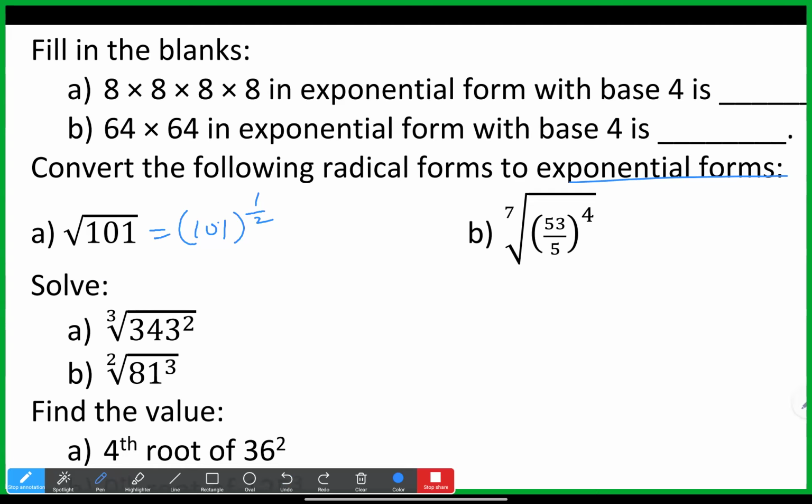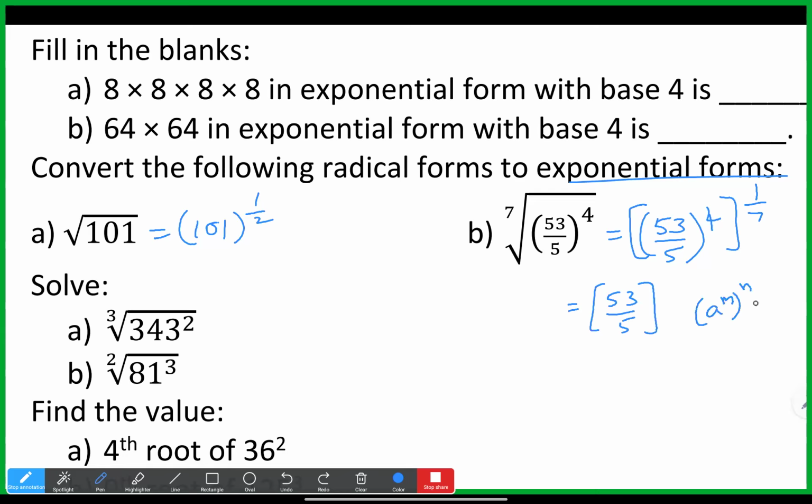Then the b bit also, this is the 7th root. So it will become 53 by 5 whole power 4, whole power 1 by 7. Because it is the 7th root, right? Now which law can we use? a power m whole power n is equal to a power m into n.